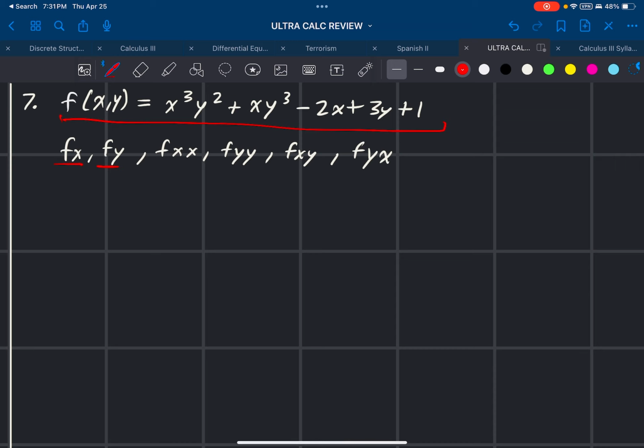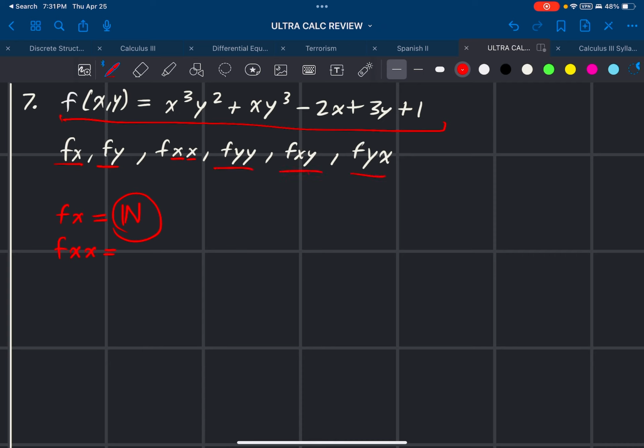For this one, when you see two x's, that means to just take it with respect to x again. So whatever is the result of this, you just take the partial derivative with respect to x again with the same solution here. And you're going to apply that logic to all these.